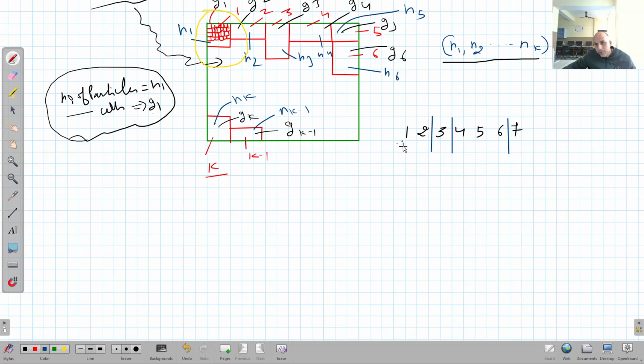This is now the first cell. This is the second cell. This is the third cell, and this is the fourth cell. Clear? So you can see here, I have 4 different cells and I have 7 different particles.